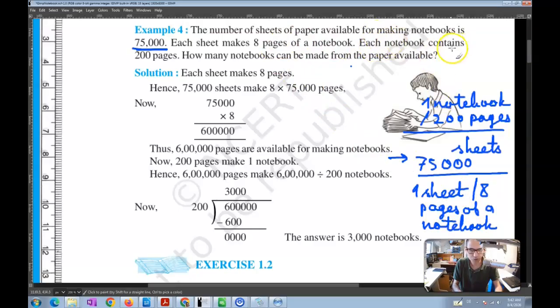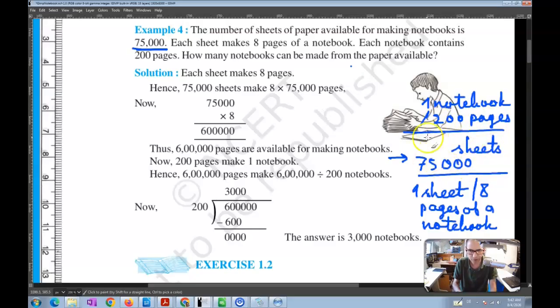And each notebook contains 200 pages, so one notebook per 200 pages. How many notebooks can be made from the paper available? This is again one of those questions where something depends on another thing, and that thing depends on yet another thing, so it might be a little bit confusing.